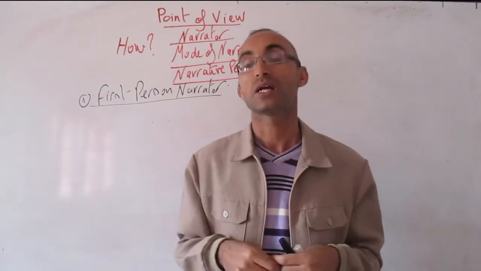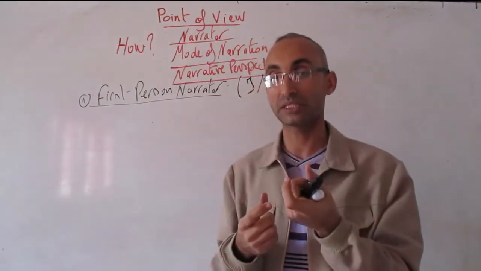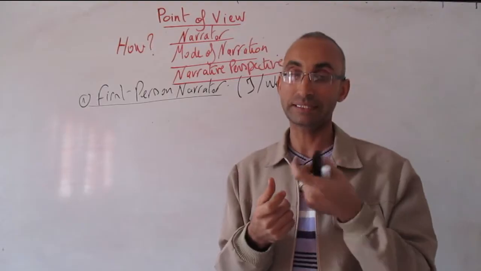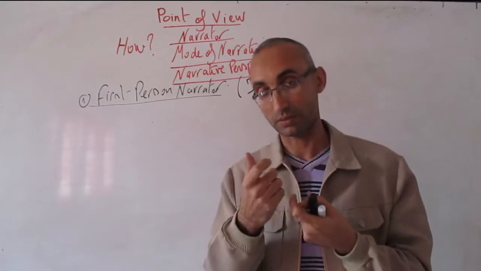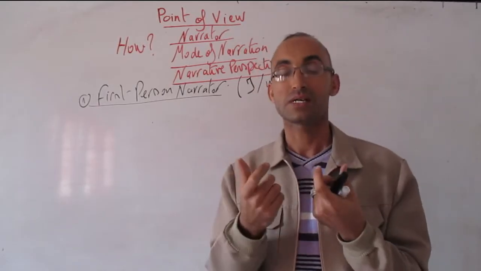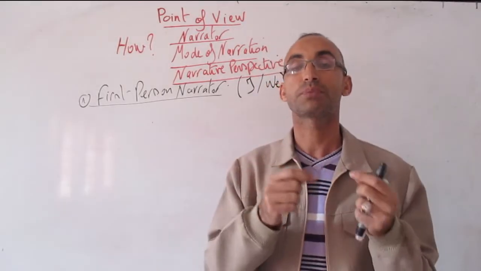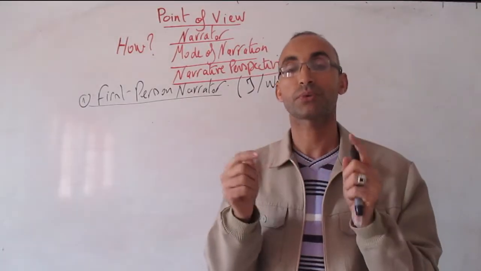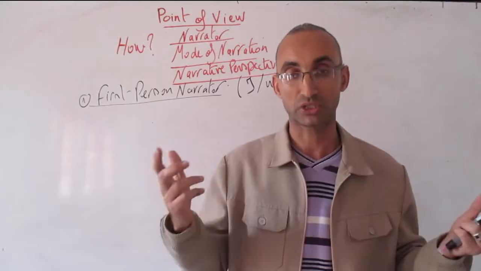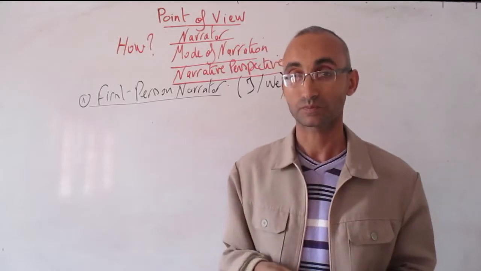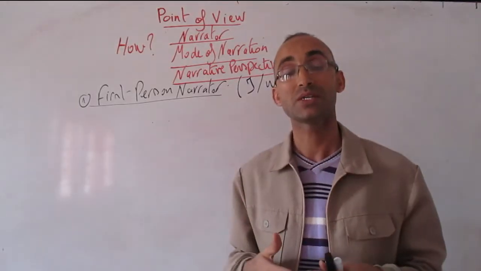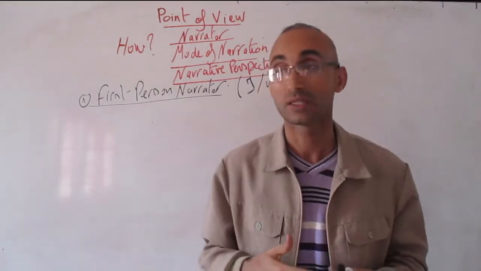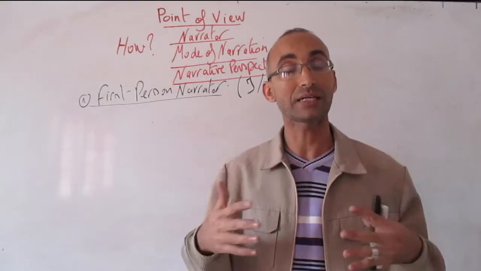Also, as you see, the pronouns used here are either he or she, always, sometimes they. That's why it's called third-person narrator. It means which uses the third-person pronoun he or she. This type is very common and widely used by authors and writers.